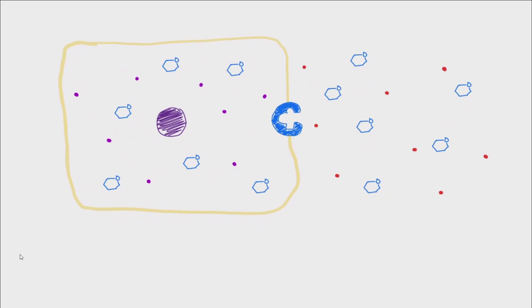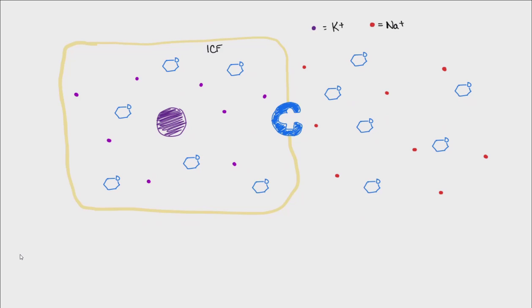In this example here, I have my intracellular fluid. I'm going to let my purple dots be potassium. I'm going to let my red dots be sodium. And then the blue hexagons are glucose. So let's count everything up.